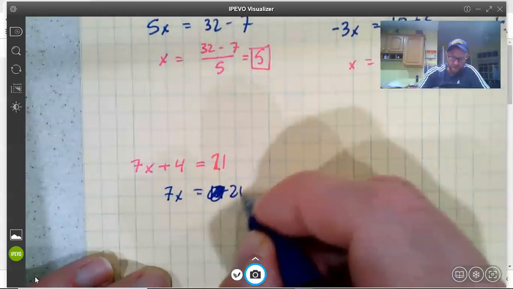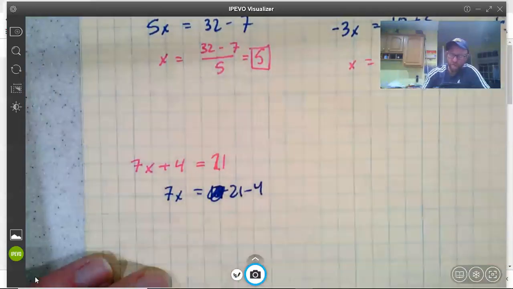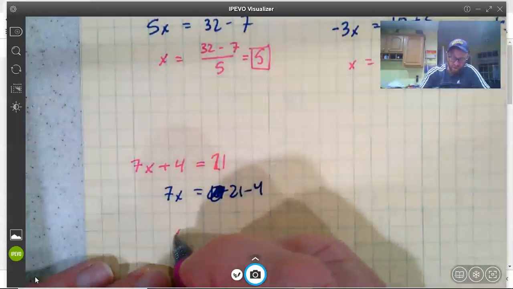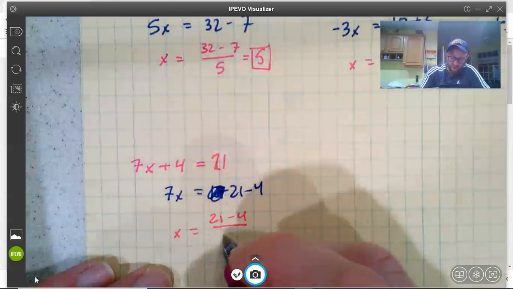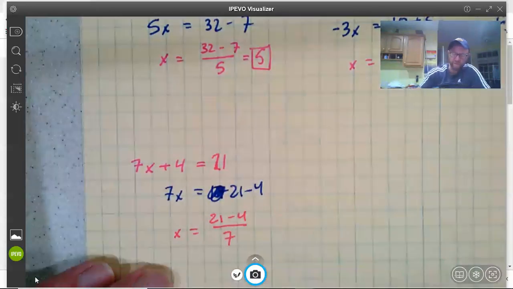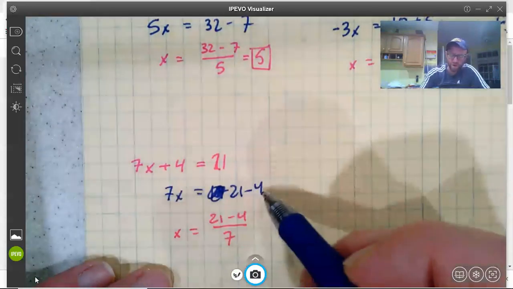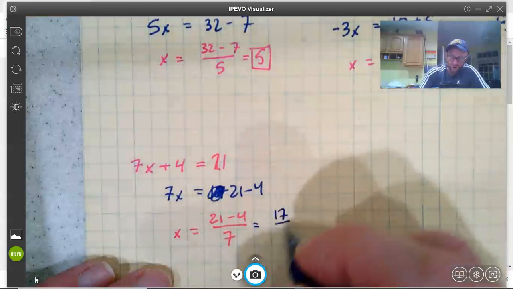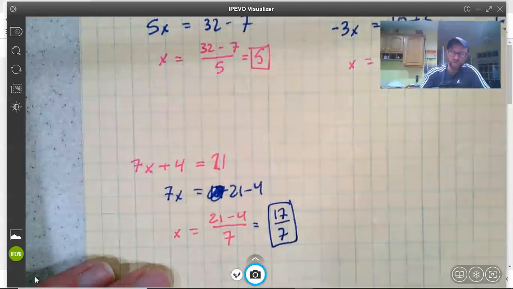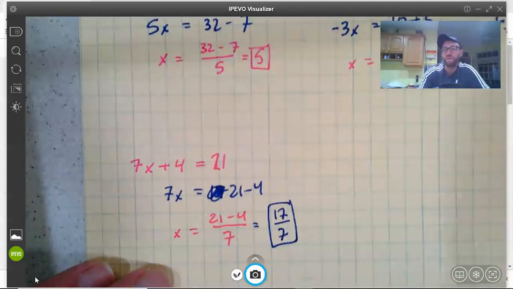I wanted to write it as 21 minus 4. So I'm going to divide by 7 on both sides to get x equals (21 minus 4) over 7. So first step was to subtract 4, and then we divided by 7. And this works out to 17 over 7, which we're just going to leave as 17 over 7.